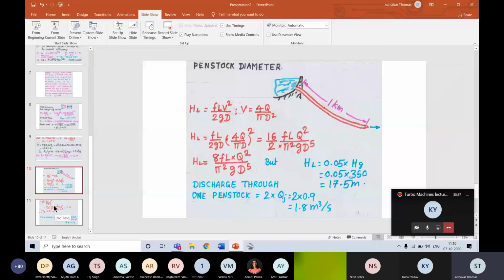You have Pelton turbines working with heads of almost 2 kilometers, that means 2,000 meters. It is of very good efficiency. You have single jet, then multi-jet machines, and I think that's all about Pelton turbines.